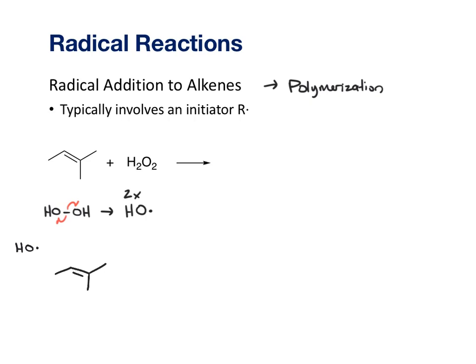here's the OH radical. Think of 2 electrons in the pi bond. This will pair with one of those and add the hydroxide to one side. And then the other radical will end up on that more substituted carbon. So that's why the OH went to the less substituted carbon there. So we add that, and we get a radical.